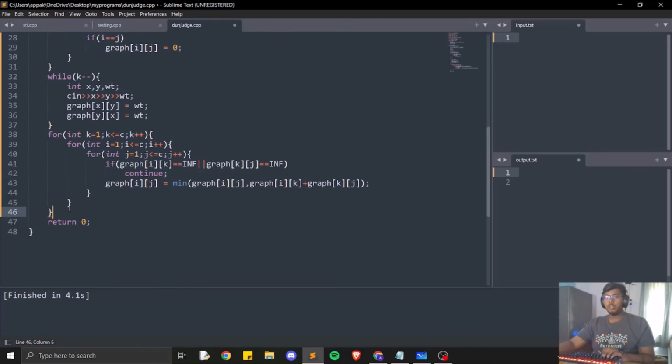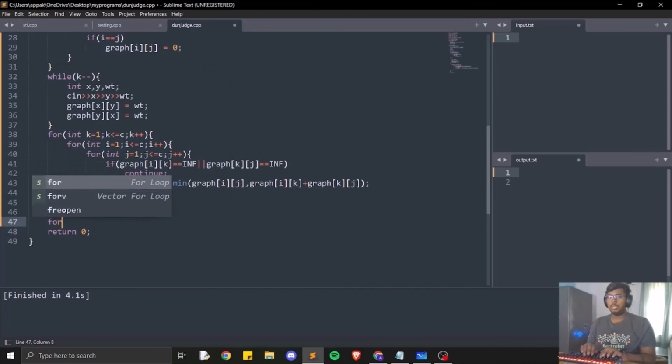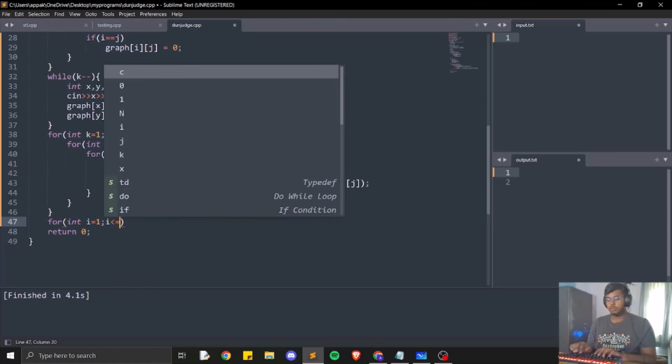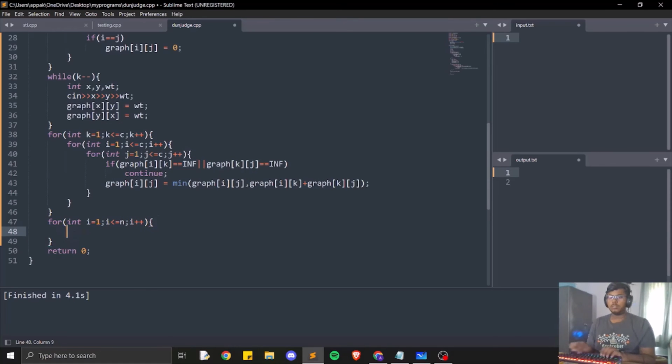Okay, so now it is filled with all the shortest paths between all the pairs of nodes. So let us now try to print this. For int i equals to 1, i is smaller than or equal to n, for int j is equal to 1. So here we will print the graph.